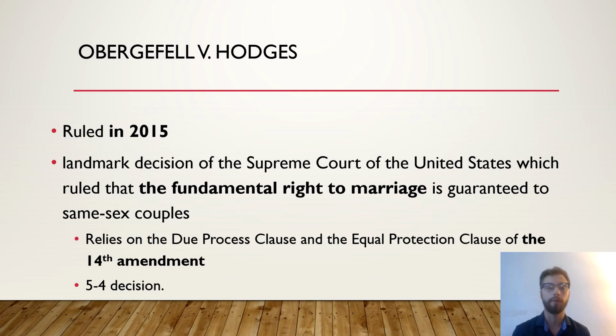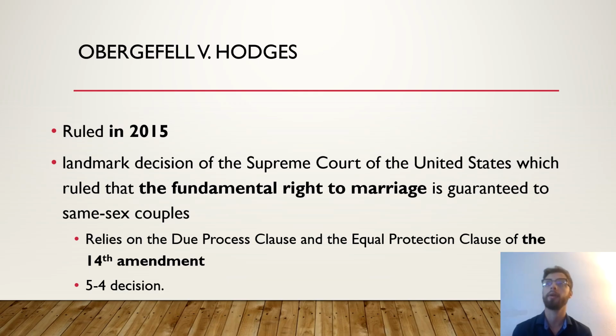So this Obergefell versus Hodges decision was a 5-4 decision in support of providing a fundamental right to marriage in all states. This expanded the rights and access to marriage in numerous states, which was previously restricted.